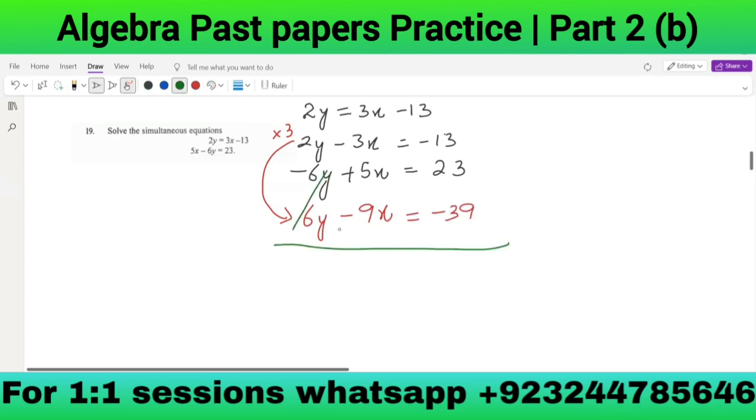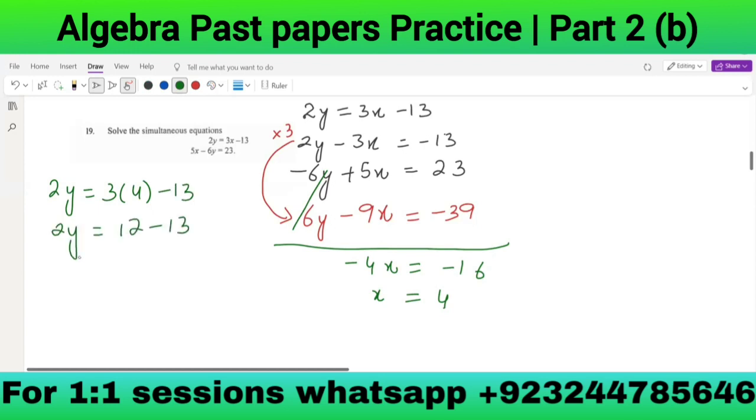So minus 4x, which is equal to minus 16. x is equal to 4. So if x is equal to 4, what will be y? 2y is equal to 3 times 4 minus 13. So 2y is equal to 12 minus 13. So y is equal to minus 1 by 2.